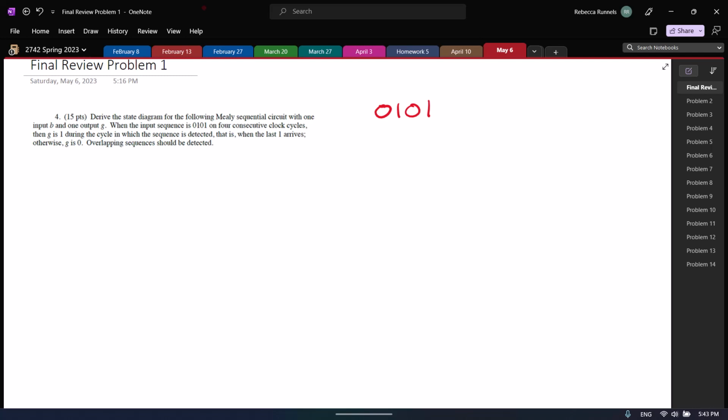And I think that if you have a question like this on the test, it might be worth asking which would indicate that it's time to get the output of 1. So the way I'm working this is I'm assuming that you would first get a 0, and then a 1, and then a 0, and then a 1, and then you get the output of 1.